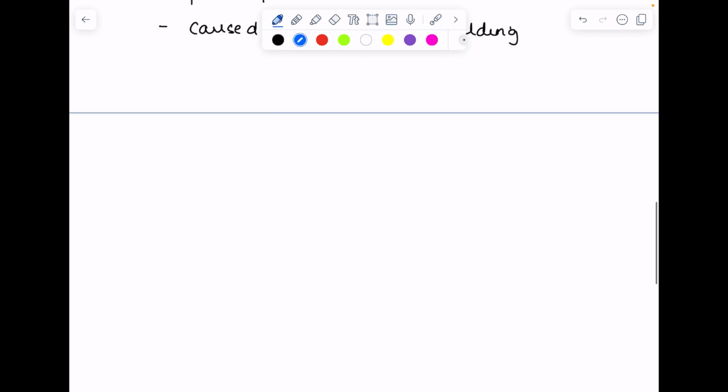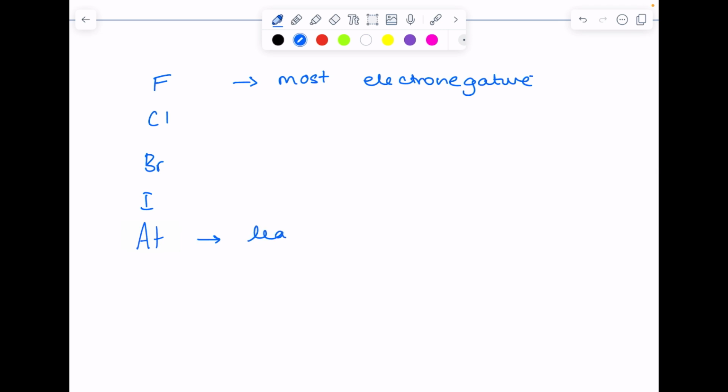Remember, these are the group 7 or group 17 elements, so we're starting at the top with fluorine, chlorine, bromine, iodine and astatine. According to what we've just said then, fluorine is the most electronegative, astatine is the least electronegative.